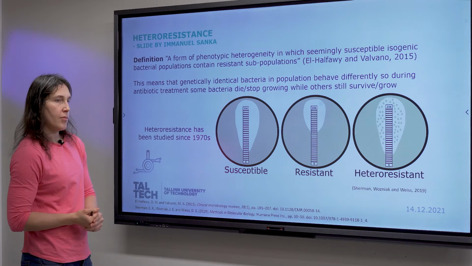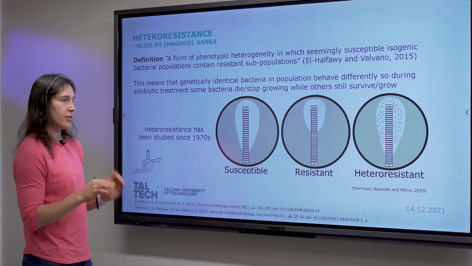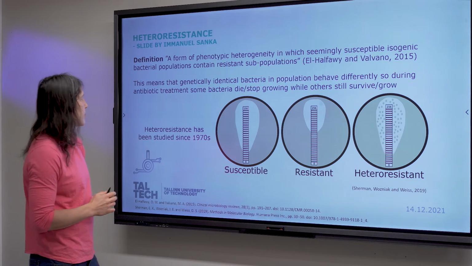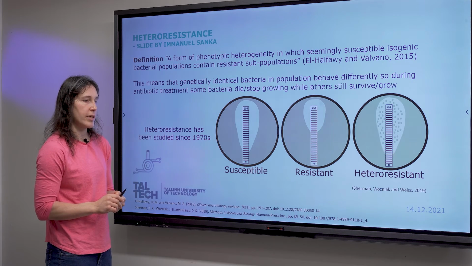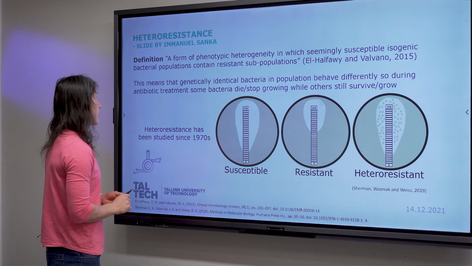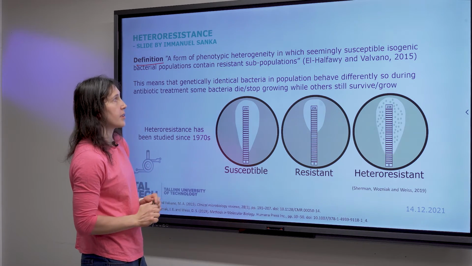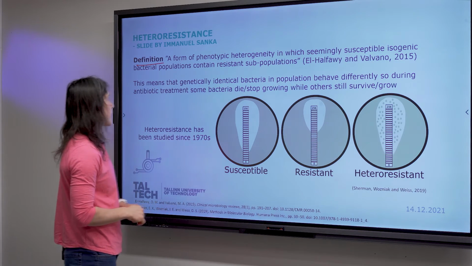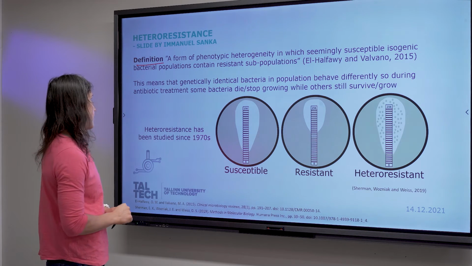But now a little bit more on what heteroresistance actually means, because this is very important, and also why we use droplet microfluidics. If you look at the definition, it is a form of phenotypic heterogeneity in which seemingly susceptible isogenic bacteria populations contain resistant subpopulations.